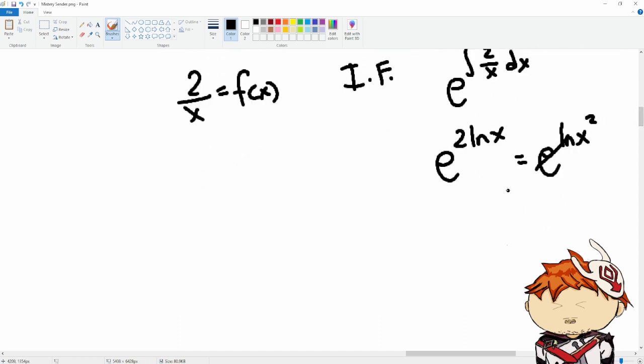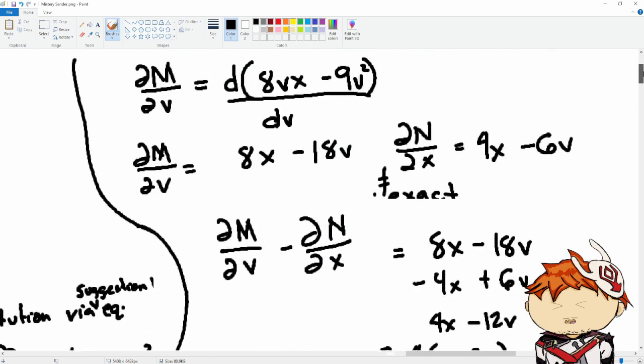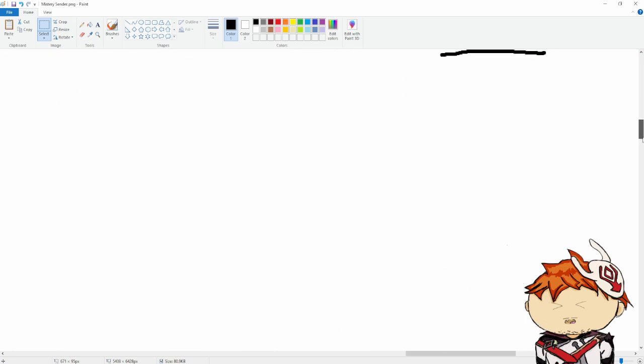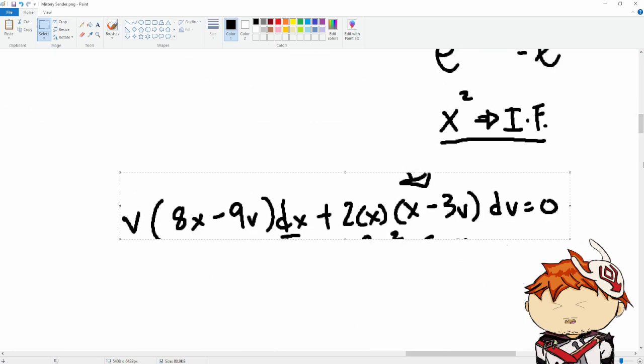Okay, cancel e to the ln x squared, that's the integrating factor. And by definition, we call it the integrating factor because we multiply it to your equation.